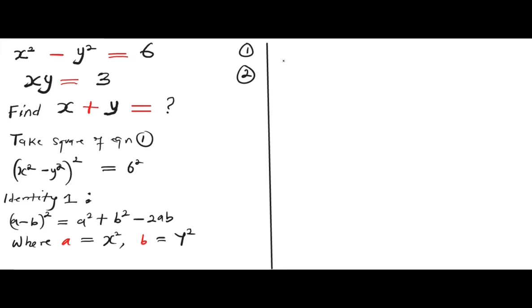So we have a minus b, and our a is x squared, so you're going to write (x squared minus y squared) raised to the power of 2 equals a squared, that is (x squared) raised to the power of 2, because a itself is x squared.